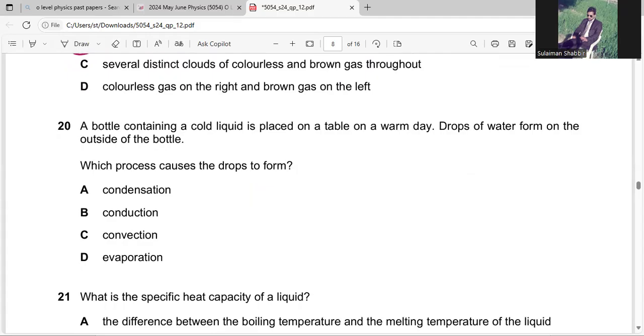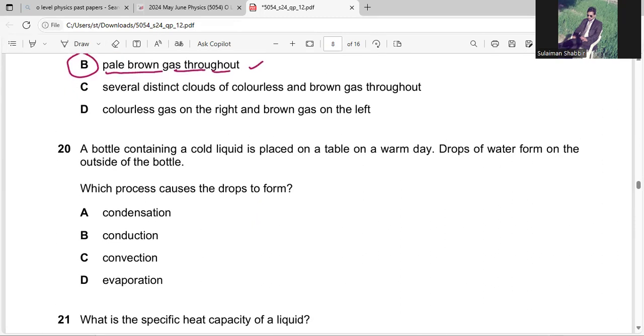The water vapors present in the atmosphere are cooling down and coming onto the surface when they are in contact with the bottle surface. So they are being converted from gaseous state to liquid state. That is called condensation.